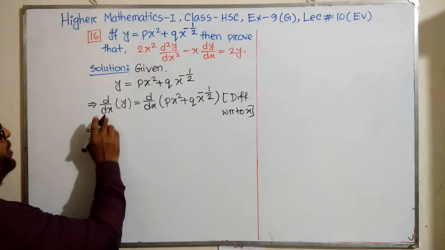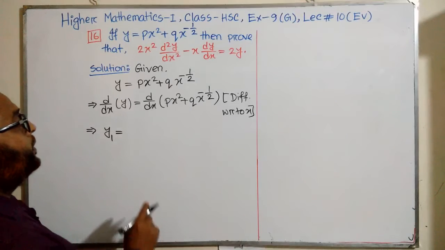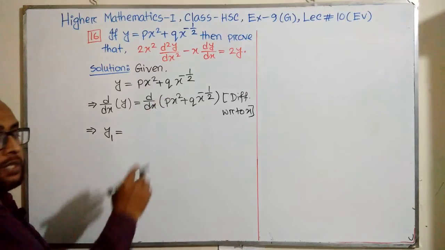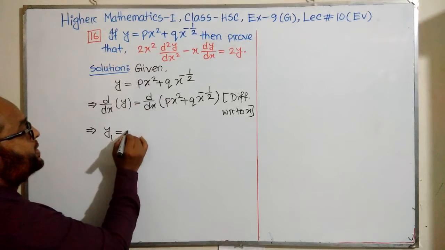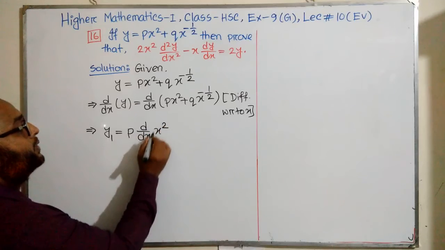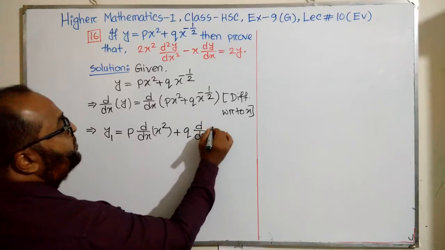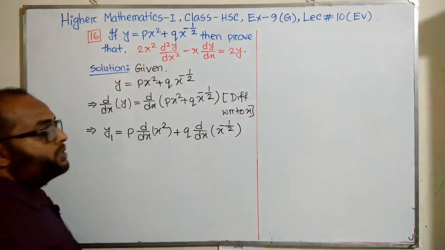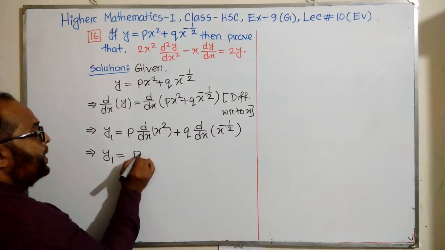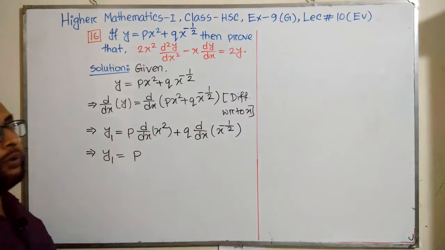Okay, now you know d/dx of y, this is y1, this equal, if we differentiate d/dx of p x square, that means p is a constant, this can be written outside of d/dx, that means p into d/dx of x square plus q d/dx of x to the power minus 1 by 2, or y1 equal p, here d/dx of x square, this equal to twice x, formula of x power n.